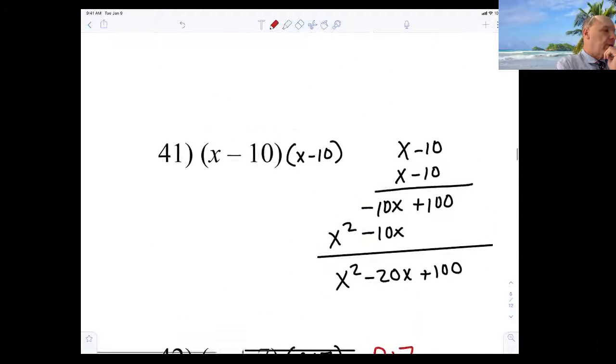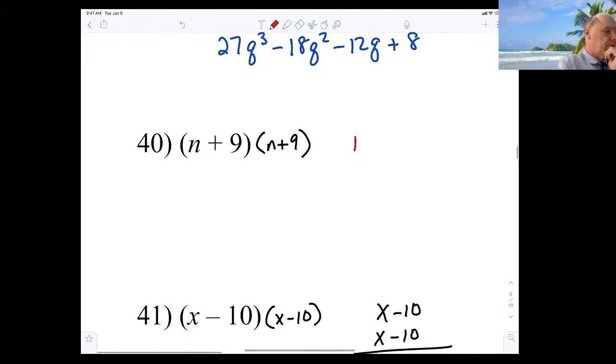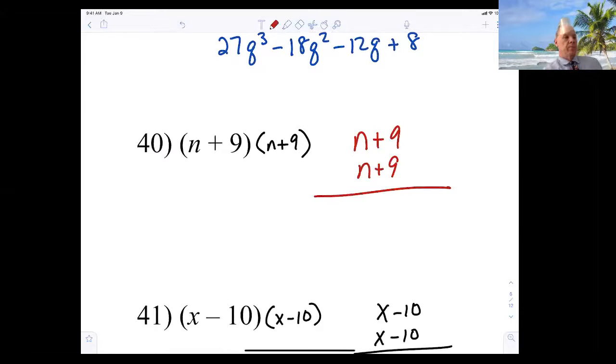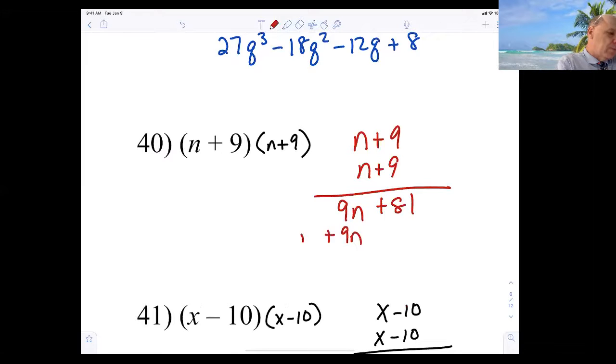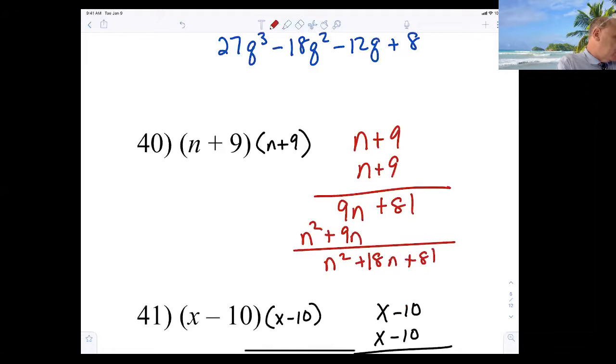All right, let's knock out 40. Positive 81, 9n, n squared plus 18n plus 81.